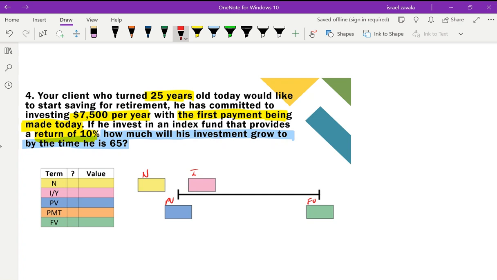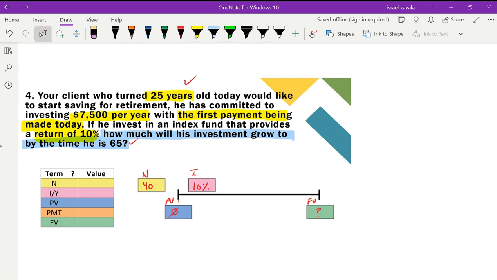How many years are we talking about? He's 25 and he wants to retire at 65. So that's a total of 40 years. The interest rate or the return that he's expecting is 10%. There is no present value, and we're trying to figure out what that stream of payments looks like.